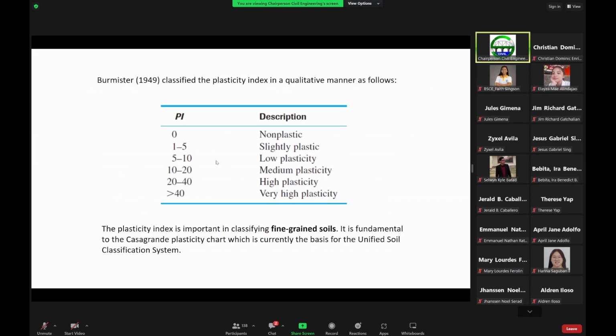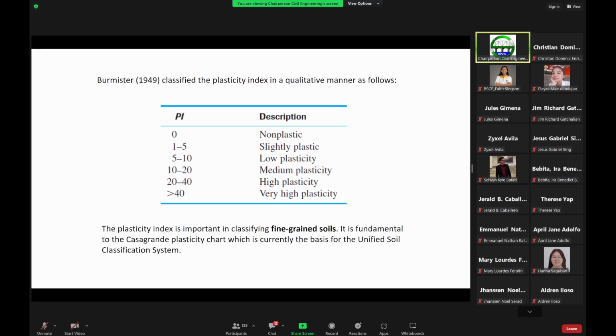If 5 to 10, you're having low plasticity. It's plastic, but low plasticity. If 10 to 20, that's medium plasticity. 20 to 40 is high plasticity, and greater than 40 is very high plasticity. Normally, we don't like these high plasticity soils because they create problems in construction.